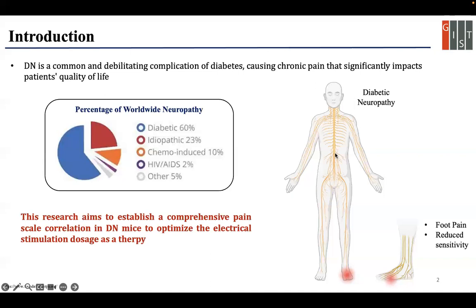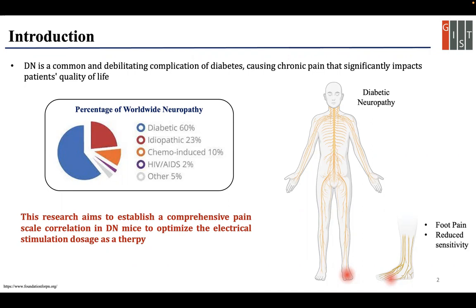So first, let's talk about the diabetic neuropathy. Diabetic neuropathy is a common complication of diabetes. According to the Worldwide Neuropathic Foundation, diabetes-induced neuropathy is the leading cause of all neuropathy.